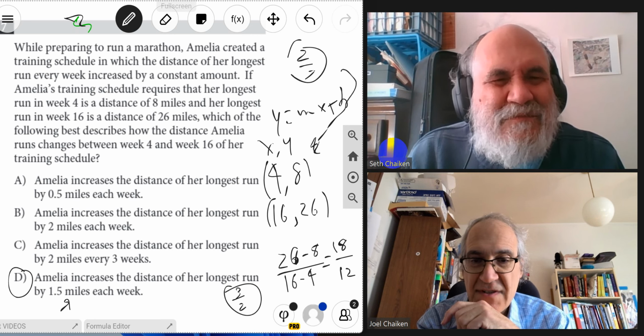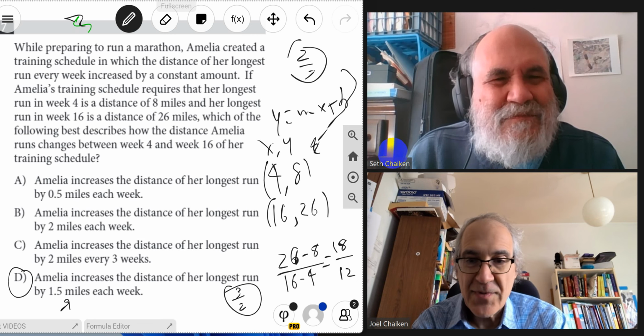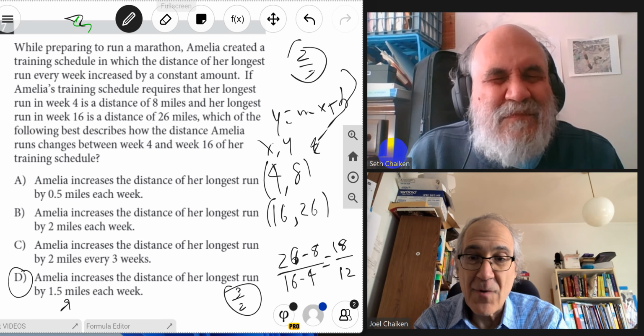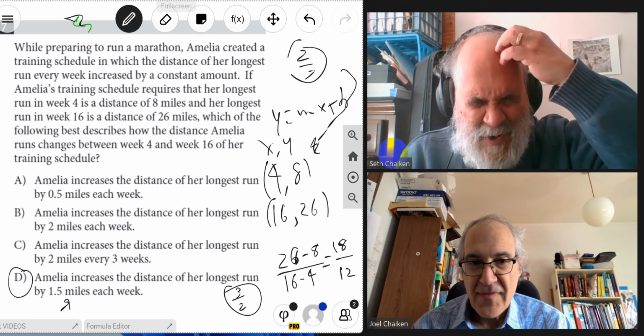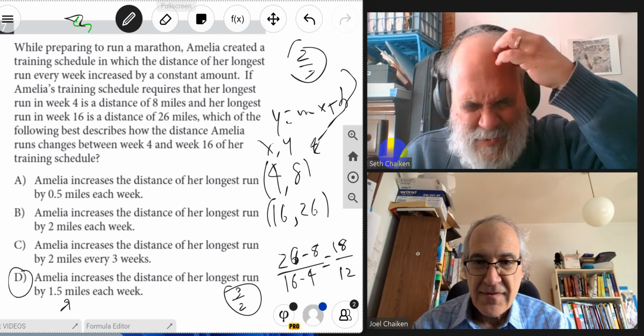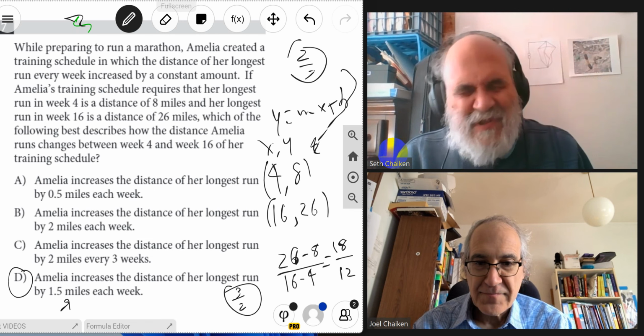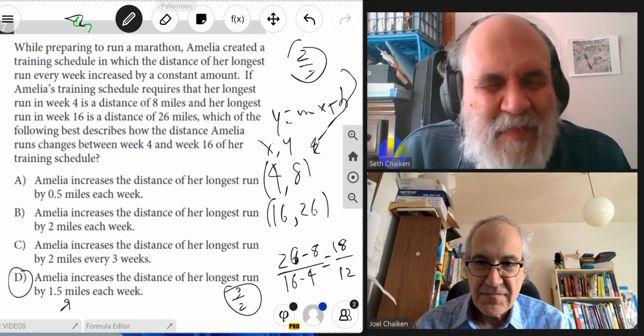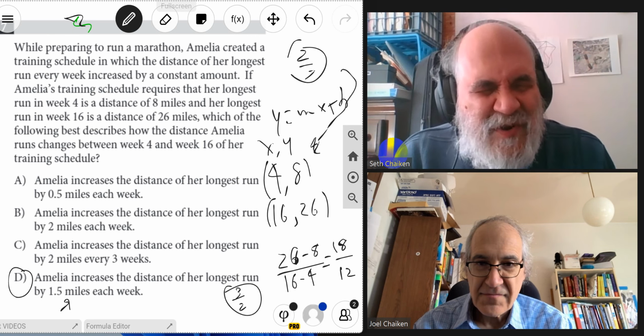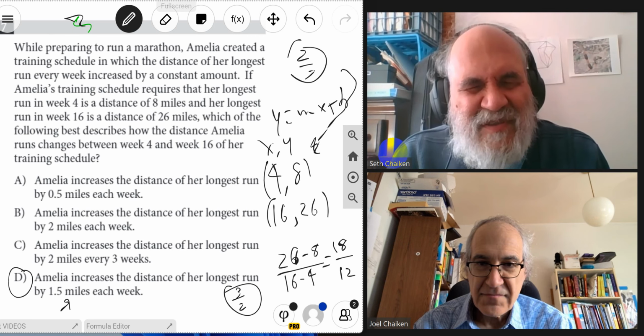But does everyone see how this is the slope? I didn't really describe very well why that's the slope, why that's the rate. You could even avoid thinking of it in terms of slope and just think of it as a problem in arithmetic.